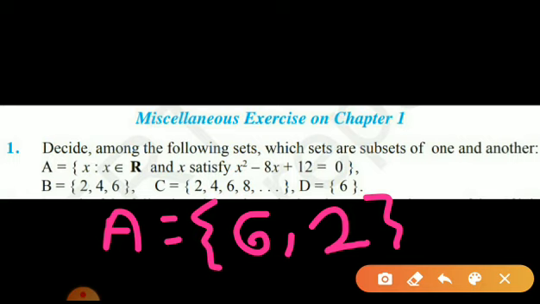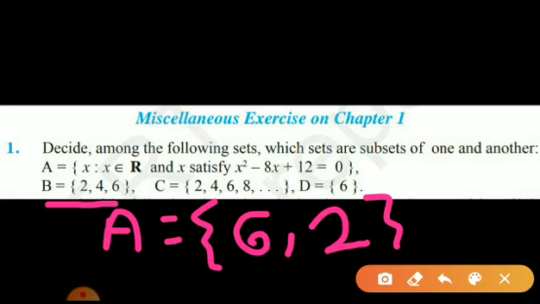Okay, now see what my set B is. It is {2, 4, 6}, C is {2, 4, 6, 8, and so on}, and D contains the singleton {6}. Now we'll see which sets are subsets. So let us start with A itself. Now A contains 2 comma 6.